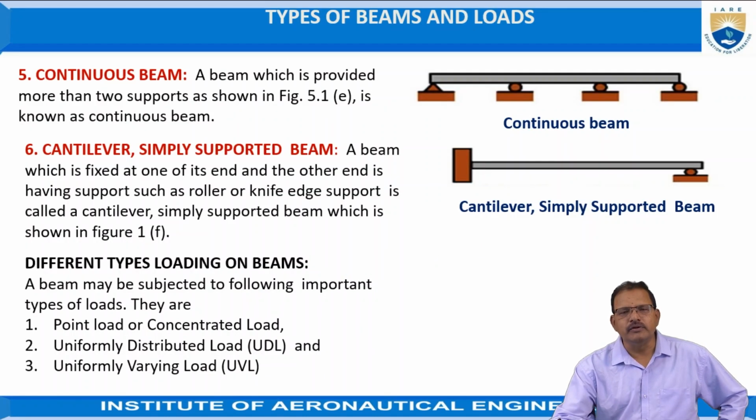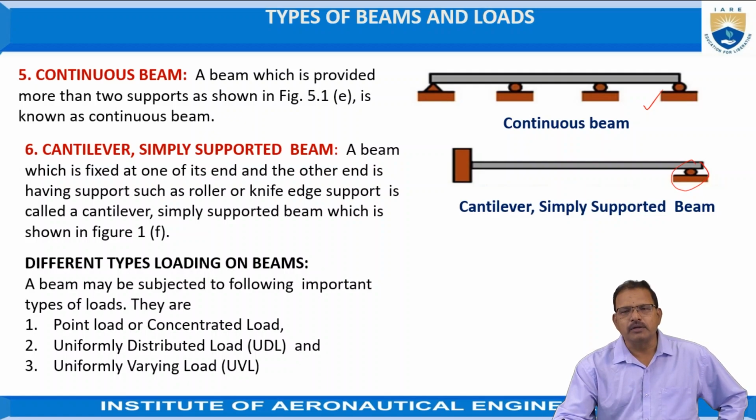Continuous beam: a beam which is provided with more than two supports along its length, as shown in figure, is called a continuous beam. Cantilever simple supported beam: the beam in which one end is fixed and the other end is supported by using a knife edge or roller, as shown in figure, is known as a cantilever simple supported beam.